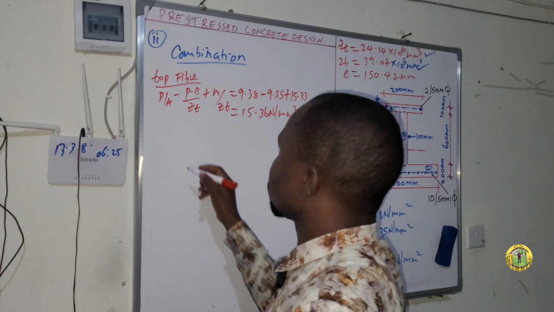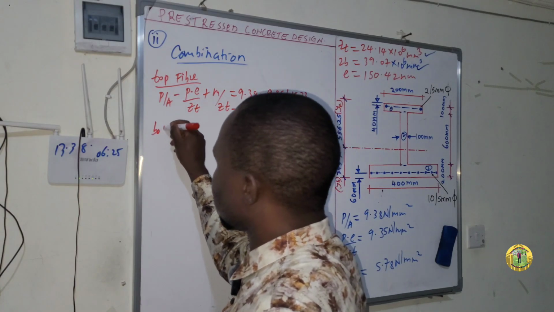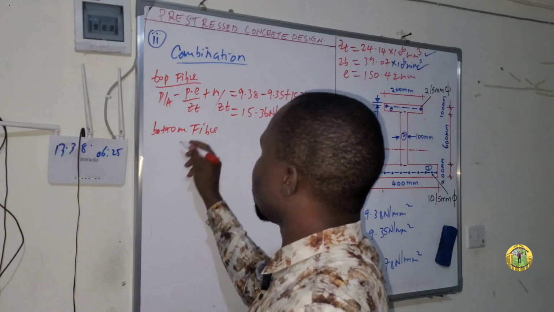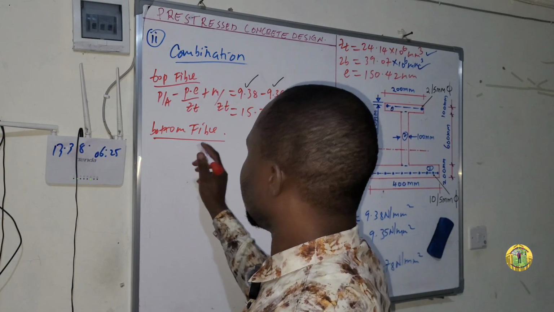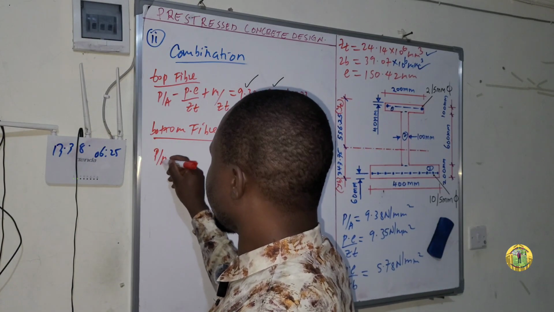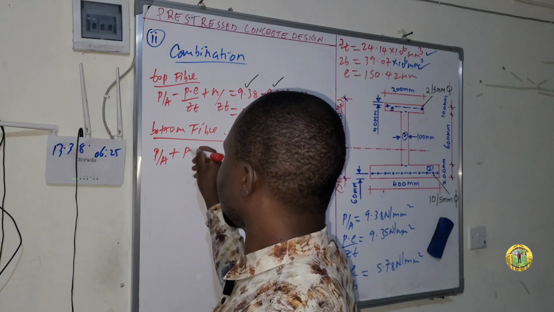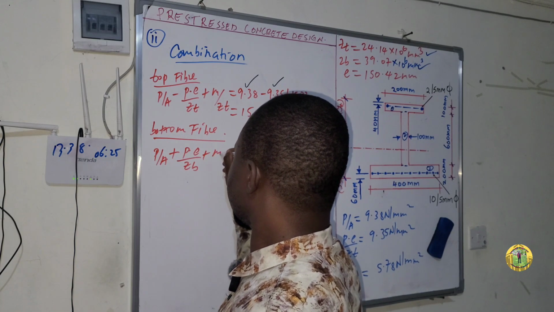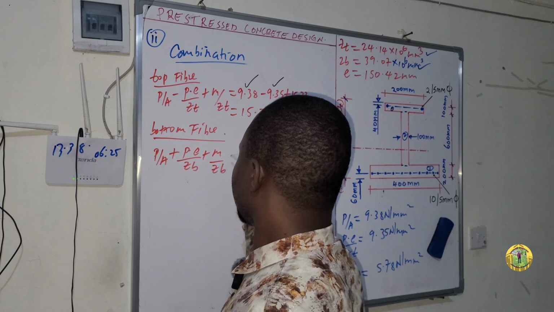And then you come to the bottom fiber. So bottom fiber will be P over A plus P E over Z bottom plus M over Z bottom.